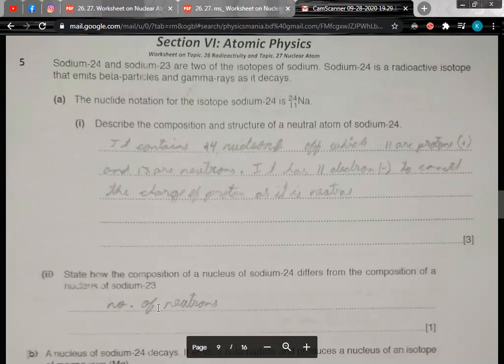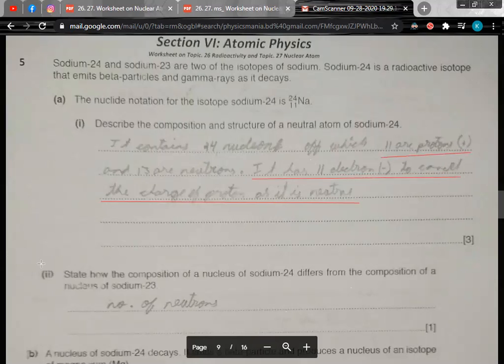Look here, we have sodium-24 with 11 protons. So a neutral atom should have 11 electrons, right? This is the first thing. Is it clear? Sir, here I wrote it. Yeah, very good. Then the second information is we have 11 protons, which we directly get from the notation.